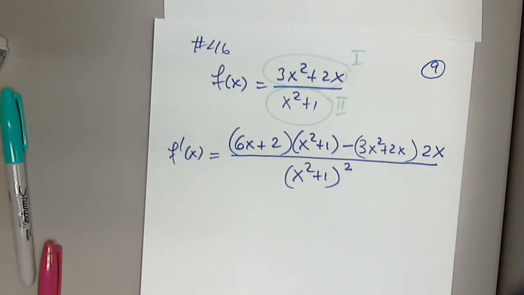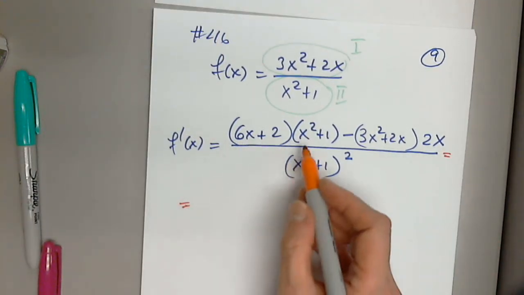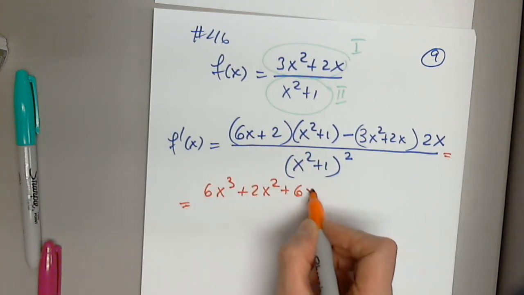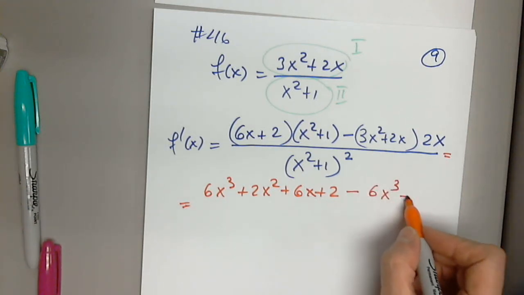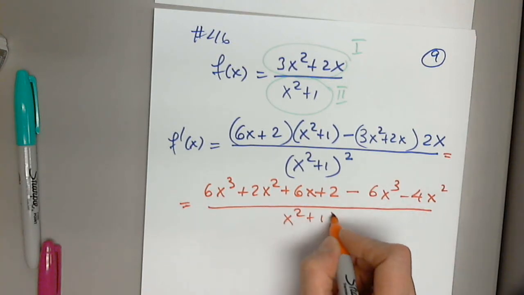Is this done? No. Do not please attempt to simplify this piece of a term with a factor in the denominator. Be very careful. I will have to distribute, combine like terms, and simplify as much as I can. So 6x times, or x squared times this, 6x cubed plus 2x squared plus 6x and plus 2 minus 6x cubed minus 4x squared, over x squared plus 1 squared.